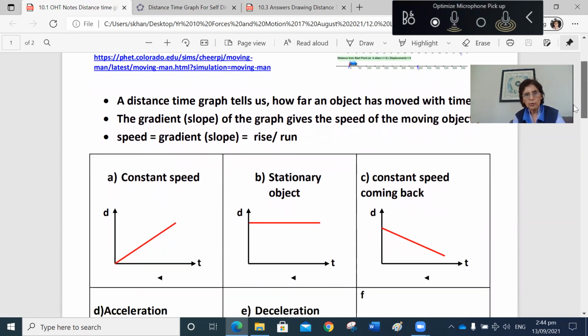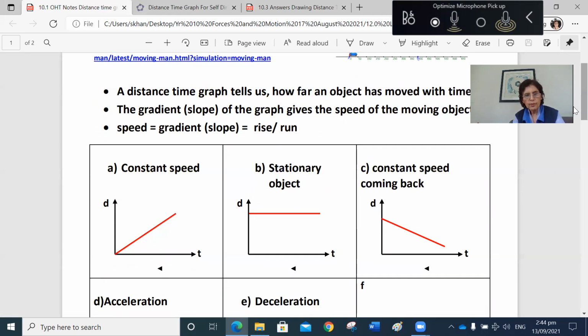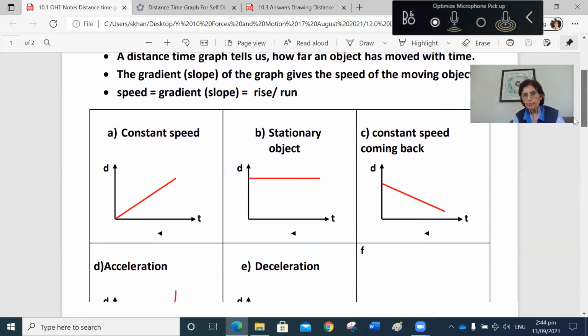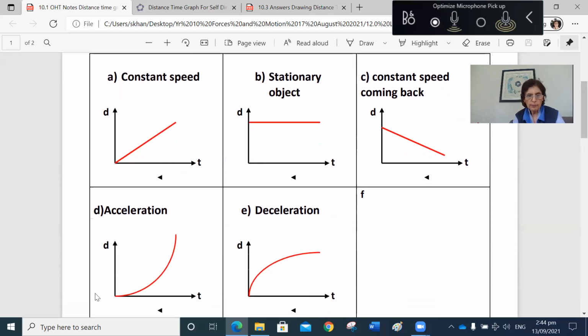So what we are saying over here is that a straight line means constant speed. If a line is this shape, that means a stationary object. Now, an upward curve means an acceleration. A downward curve means a deceleration.